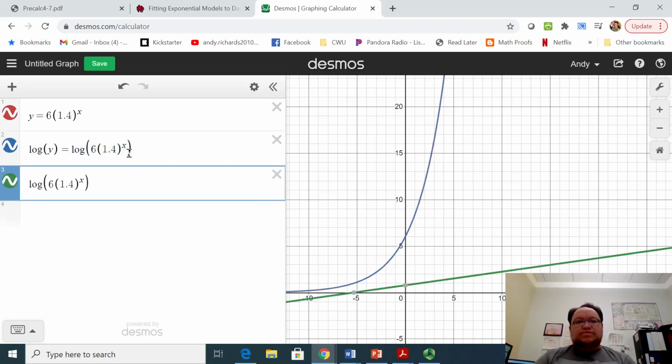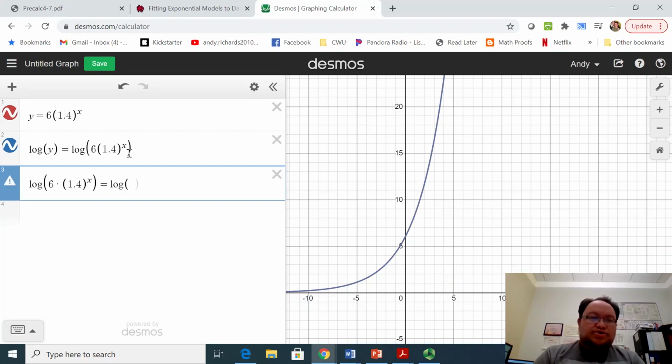And when we do, what I want you to notice is the way these exponential models are set up, this a b to the x, is we have a times b to the x. So in this case, it's 6 times 1.4 to the x. Well, within a logarithm, we have a logarithmic property which says when you're multiplying two things, that is the same as switching them, so that way we can add those two to the same log base.